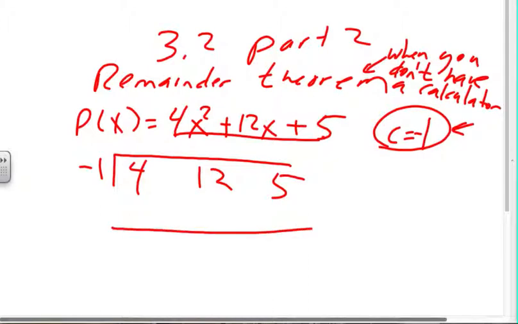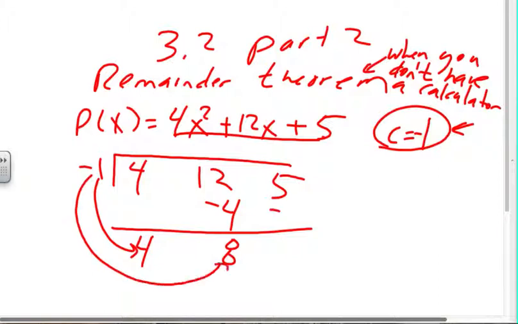Remember, you bring 4 down, multiply, then add, then multiply, and add. There's my remainder.